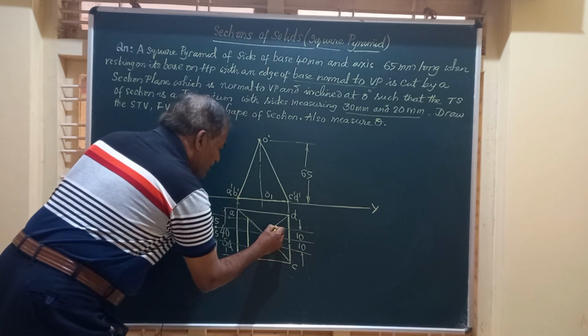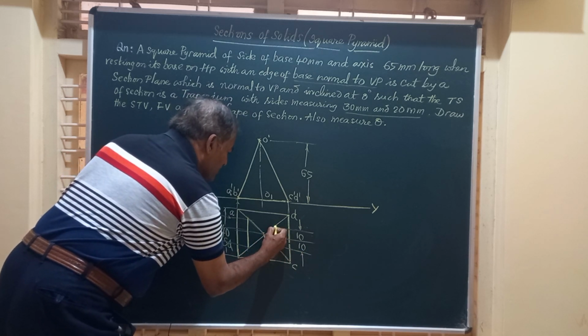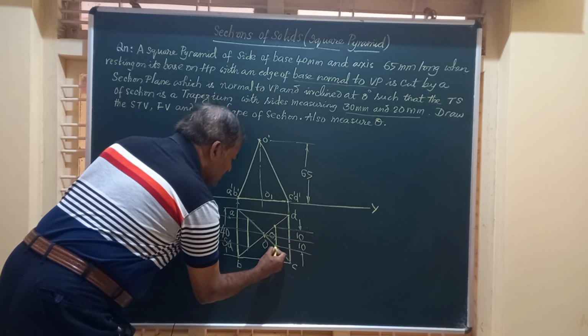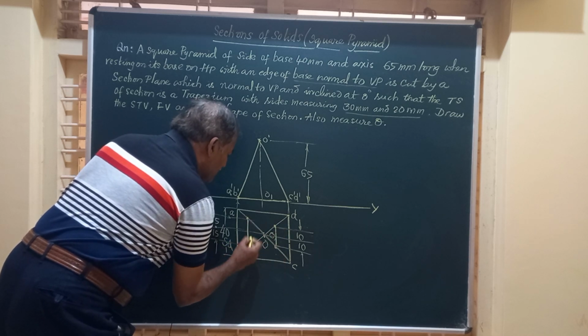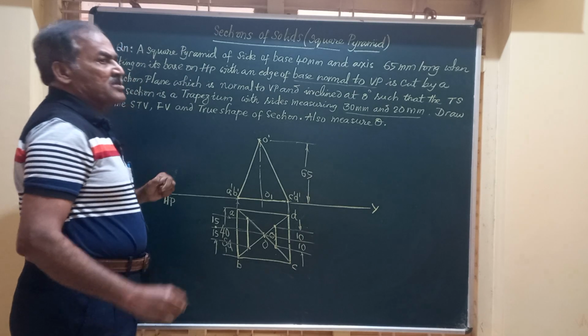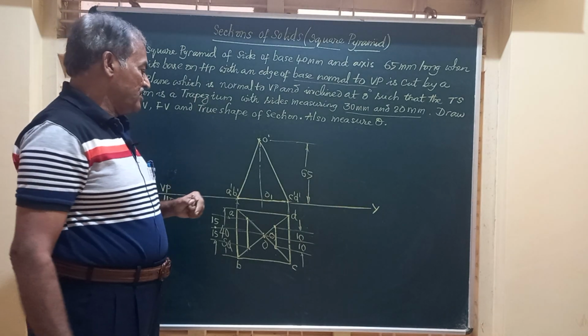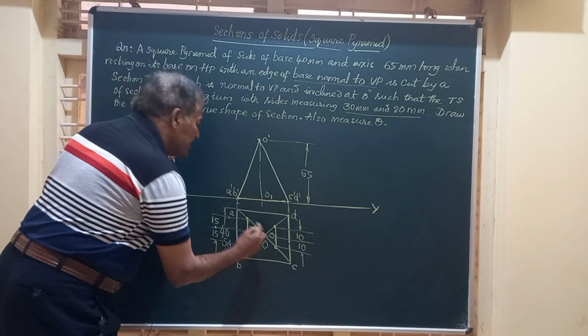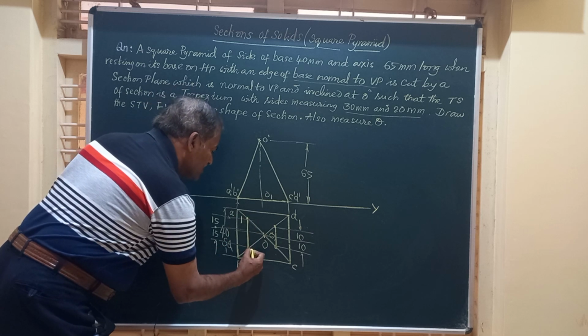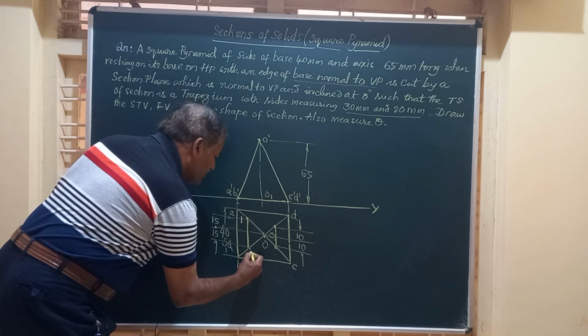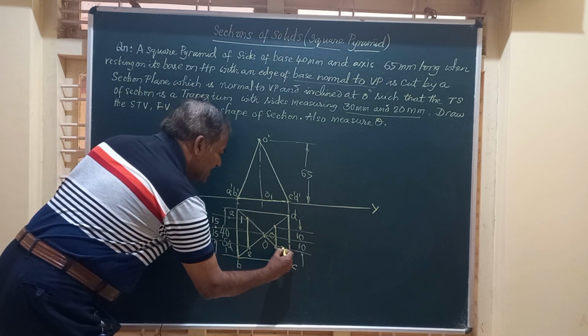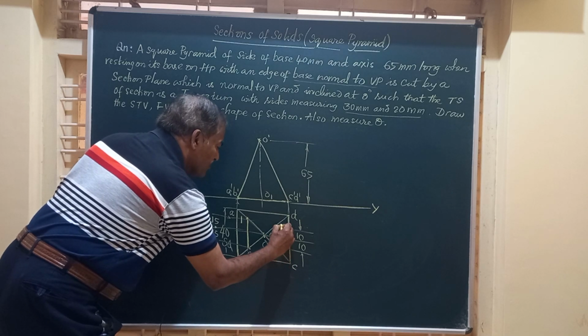So they meet somewhere here, friends. So these are the 4 points where the section plane is cutting the solid. We will call these points 1, this is 2, this point is 3, and this is 4.